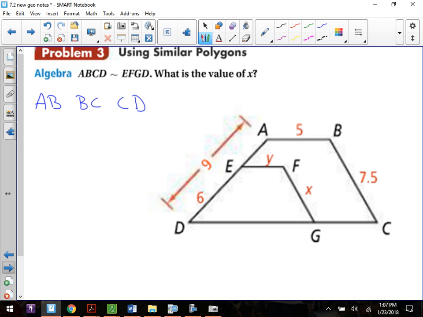Ladies and gentlemen, always start with the letters. Follow the letters through, and believe me, it just makes everything else so much easier.